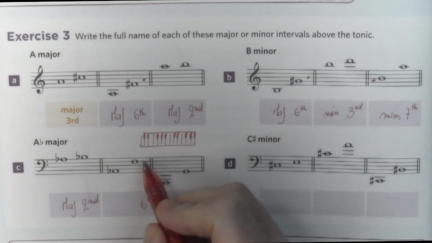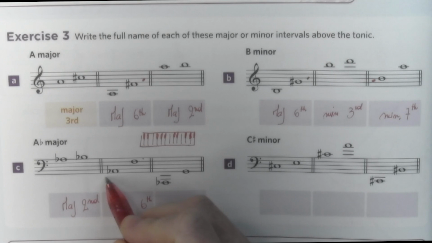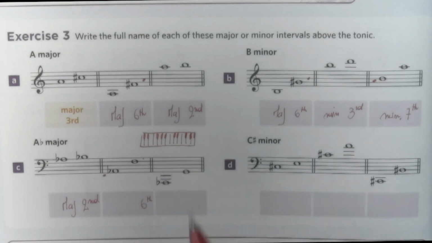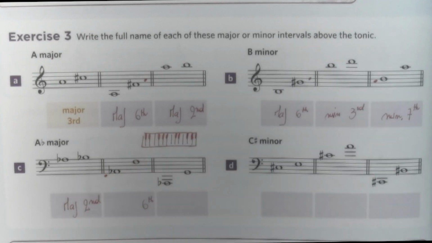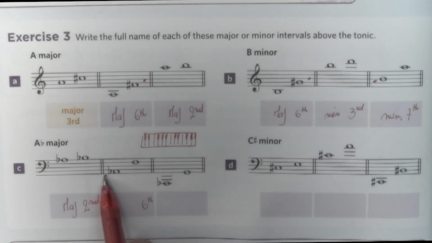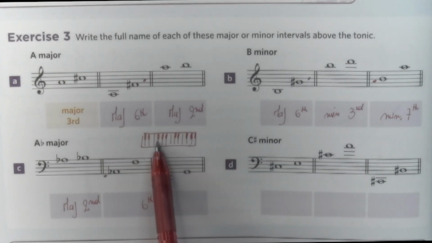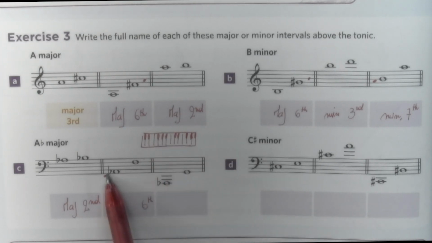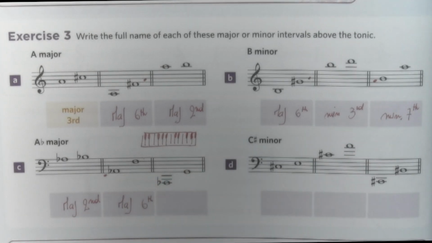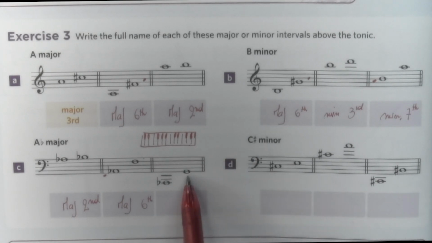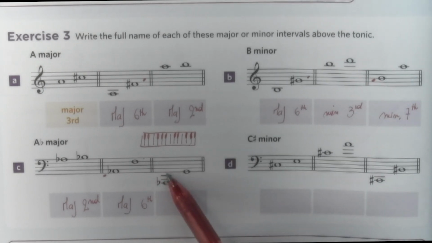Let's flip them over. Actually, no, I put it down here so I don't need to write the flat. Okay, so fa, la flat, let's count. 1.5. This is a minor third, which means flipped over it becomes a major 6th. Oh, what note is this one? Let's just count.